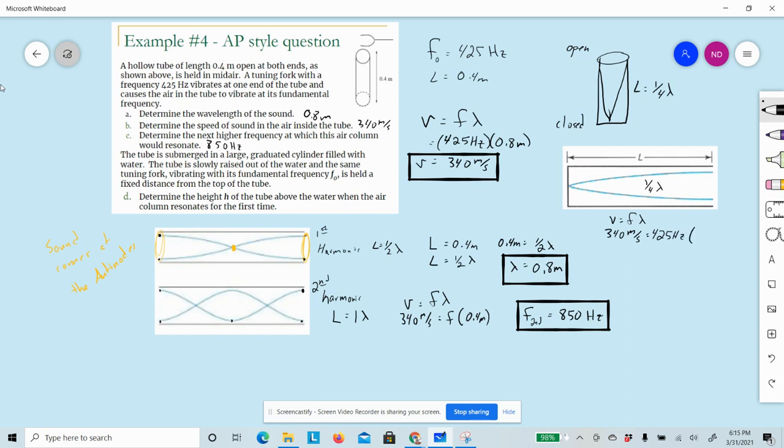We already figured this out. But this L is now 1/4 of the wavelength. So now L will be 0.2 meters. That's all.